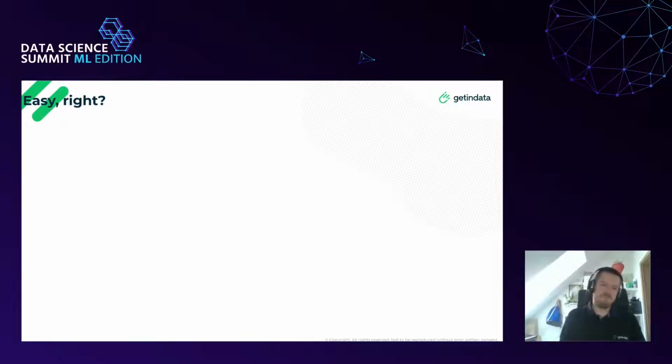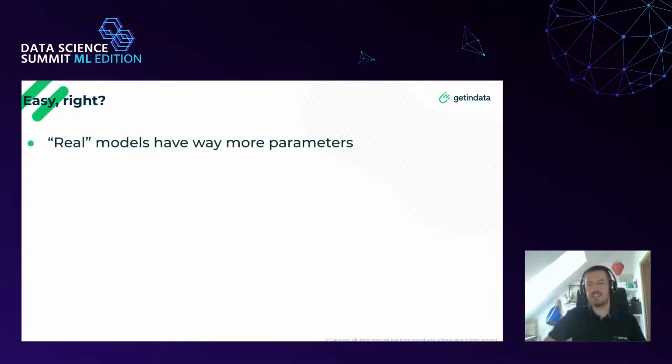So why do we actually need this presentation? It is because the Iris model is usually nothing like the models that you create in your projects, the models that provide the business logic that your company or your project needs. Real models, I do not mean that Iris is not a real model, but the models created by you, usually have way more parameters.